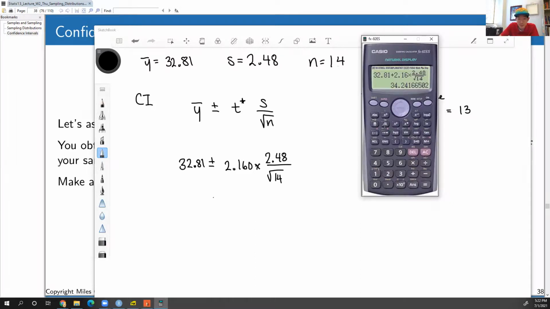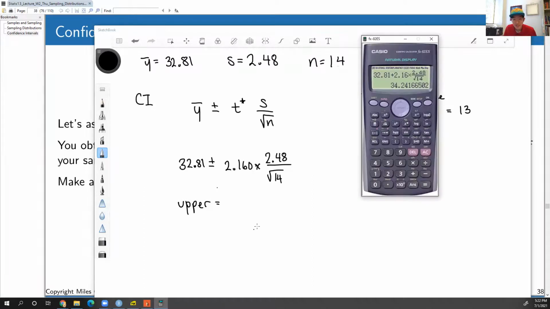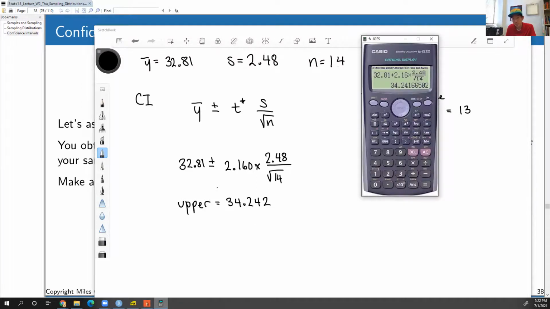And this gives me 34.242 on the upper side, with the plus. Then on the lower side, instead of the plus, we do a minus, and I get 31.378.